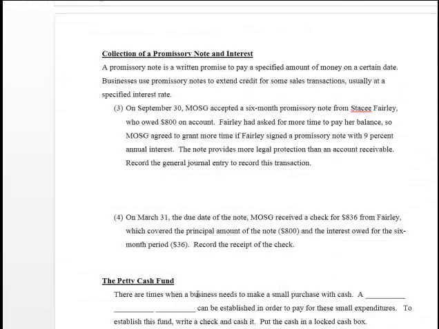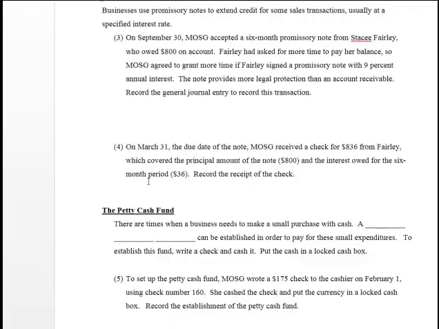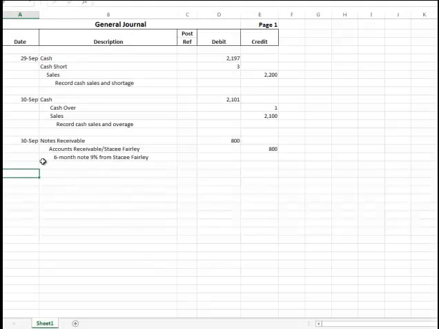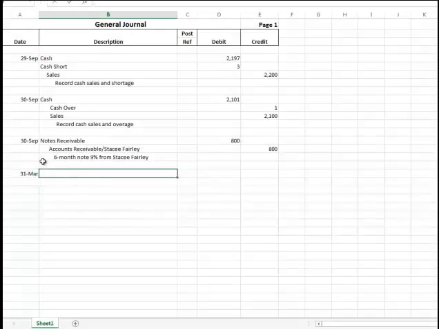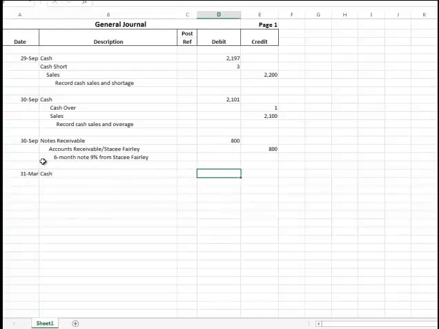Now the next transaction says on March 31st, which is 6 months later, the due date of the note, Max Out Sporting Goods received a check for $836 from Fairley, which covered the principal amount of the note, $800, and the interest that's owed for the 6-month period, which is $36. So we're going to record that transaction. Here it is, March 31, and we got some cash from her, totaling $836.